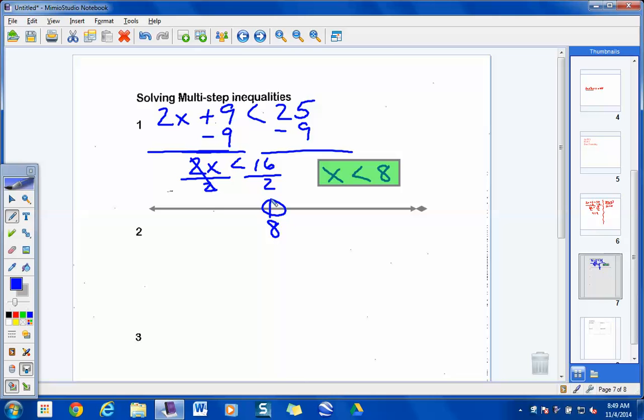Where's 2 going to lie in relationship to our reference value of 8? It's going to lie to the left here, so I'm going to shade to the left. Okay. Make sense? And I think part of your problems the other day were like, okay, you got this inequality, now you got to take your solution and match it up with a given graph. Was that part of your assignment there? Okay. All right, let's try another one.